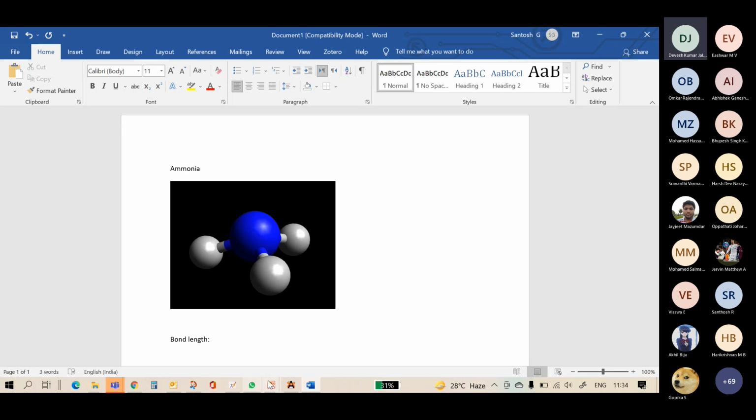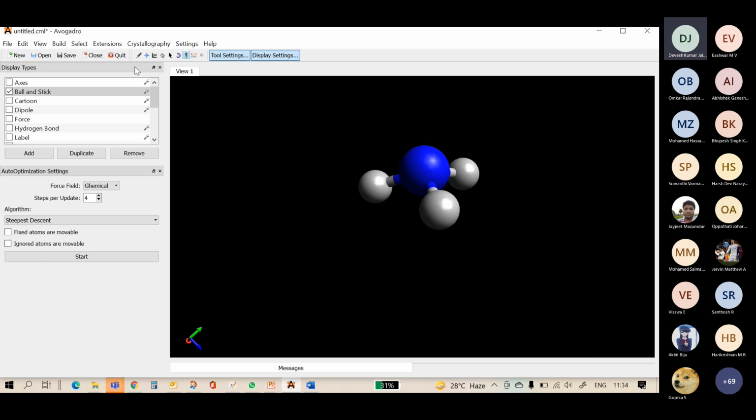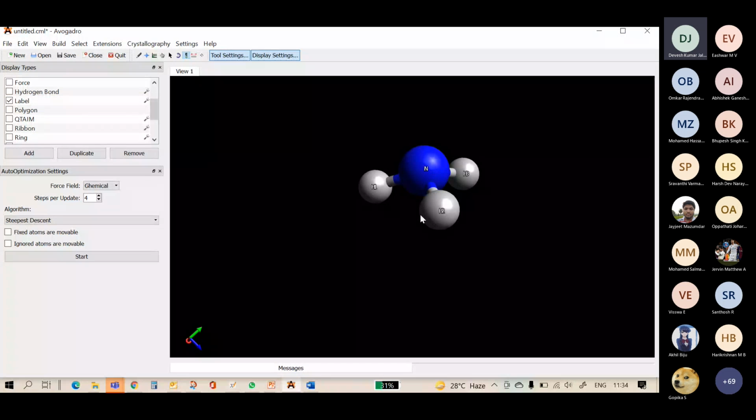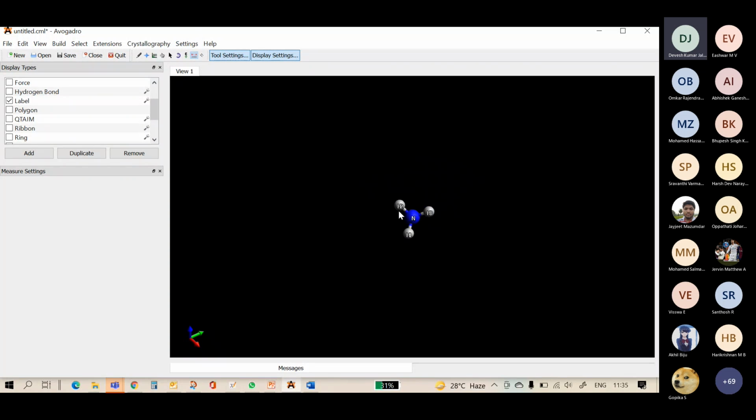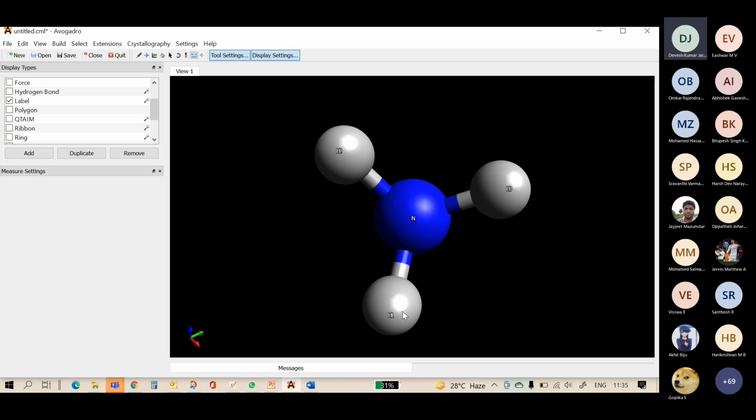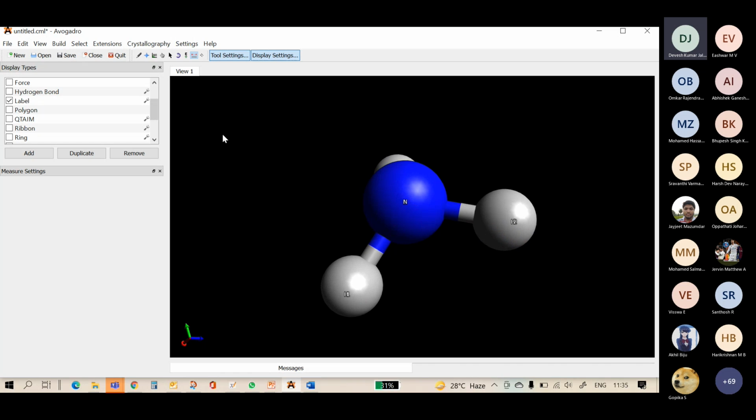So what you can do is you go to Avogadro. Here in the display, you give label. Click on label. So you have nitrogen 1, hydrogen 1, hydrogen 2, hydrogen 3. Okay, now you go to measure tool. Click on hydrogen 1. Did I click it? Am I measuring?